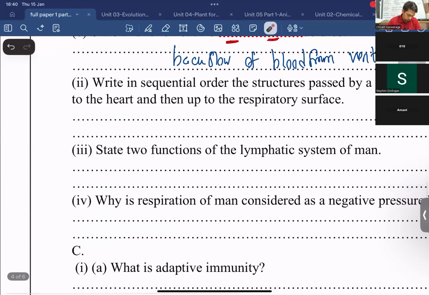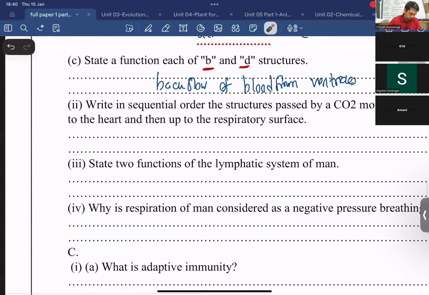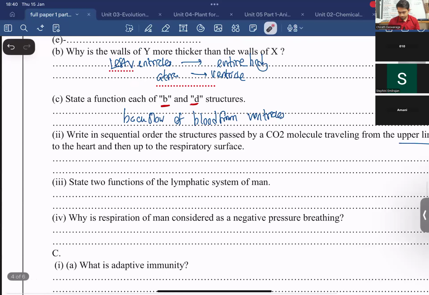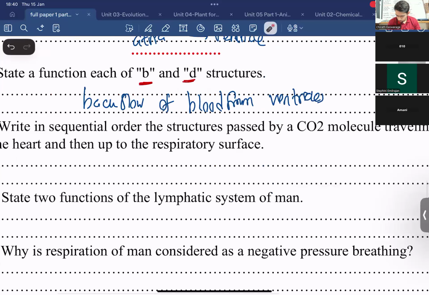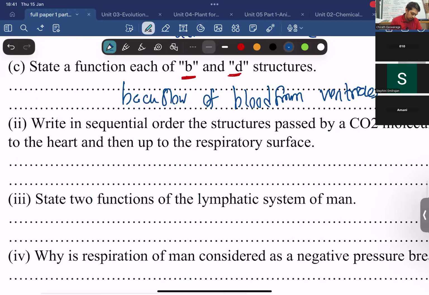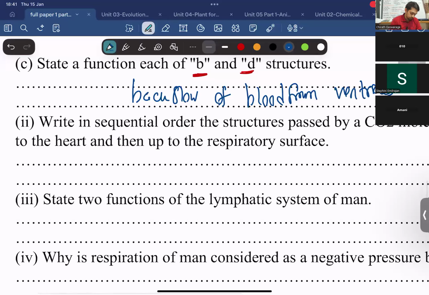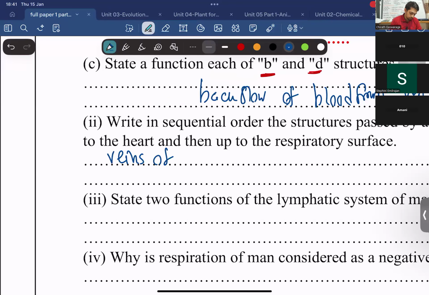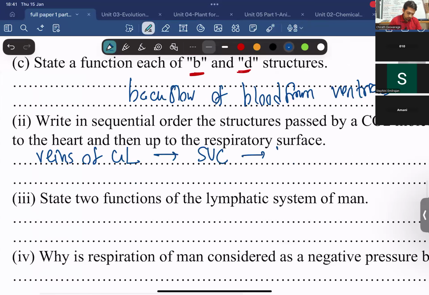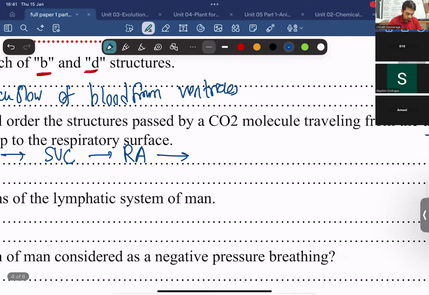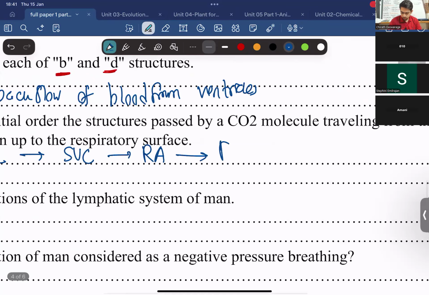Sequential order of a CO2 molecule traveling from the upper limb. So you can say, I would like it if you have mentioned veins of the upper limb, then superior vena cava to the right atrium, then to the right ventricle, then pulmonary artery.